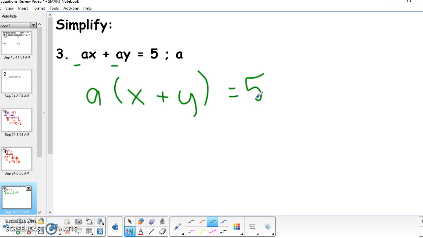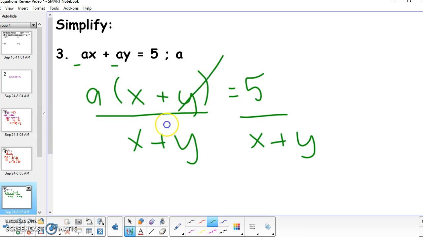Now I have a times the sum of x plus y equals 5. And I want to get a by itself. So the opposite of multiplication is division. And I get a equals 5 divided by x plus y. Don't forget, you should be comparing my solution to what you got and making notes. So if we need to go over any, we can.